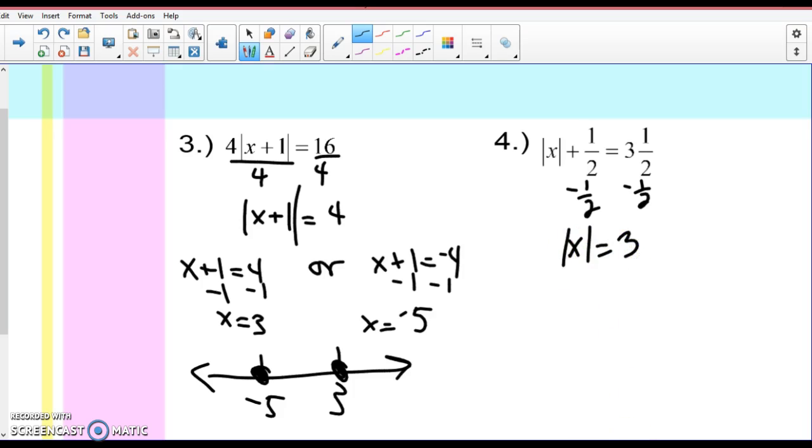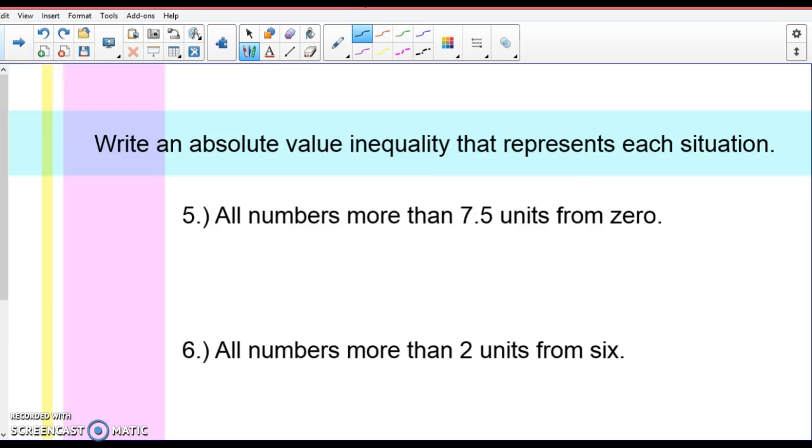What are my 2 answers? Plus and minus 3. Because I could do x equals 3, x equals negative 3. And I could write it that way. Got it.